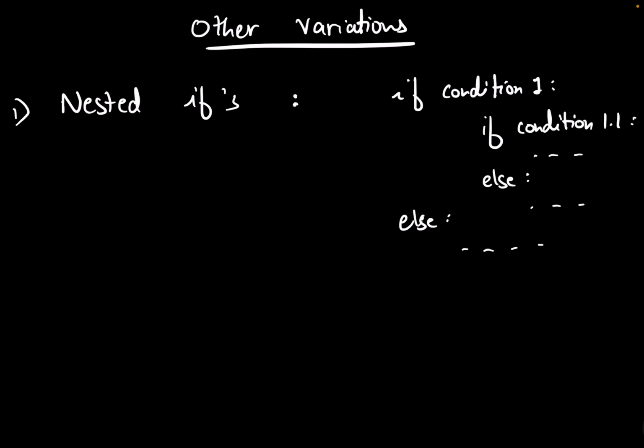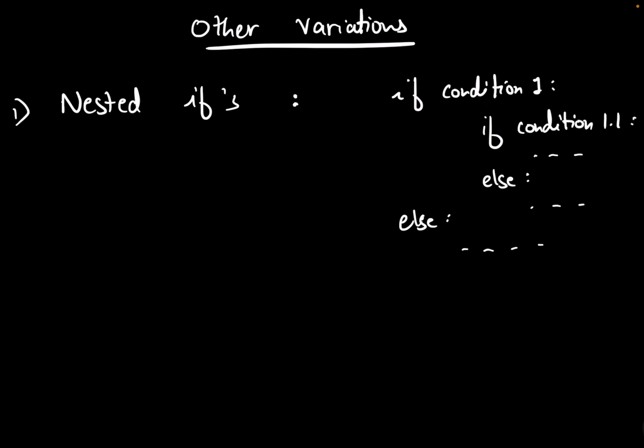The first variation would be nested ifs. So you can nest if or if else or if, elif, else statements inside if statements. Something like what is shown here, which means if condition 1 holds, then we move on to the indented block of code inside. That indented block of code inside could also have an if else statement inside it.